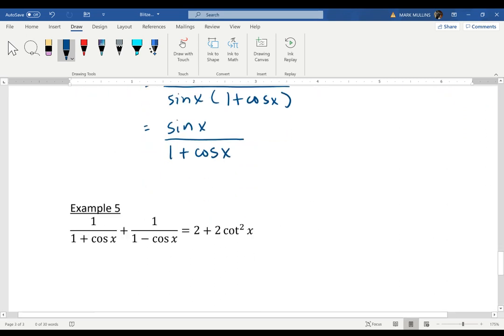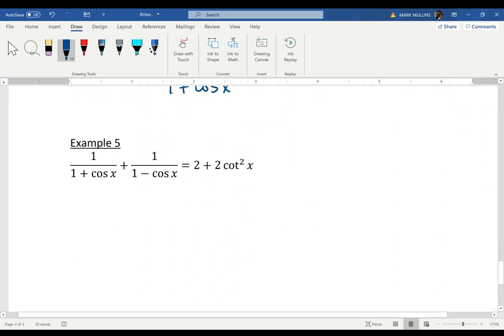So last one. So on this one, I can see the 2 fractions on the left. I'm going to go ahead and try to add these together.